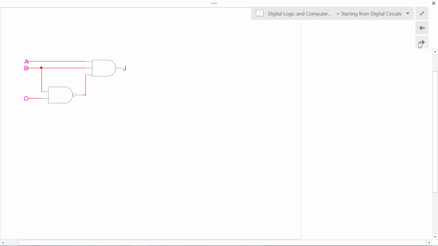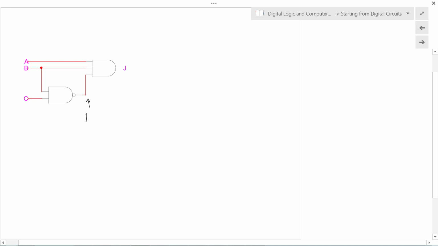Let's look at a slightly more complicated scenario. Here we have 3 input variables, though we have only 2 logic gates. Let's try simplifying here. We have this output from a logic gate, or actually, let's give it a name first.